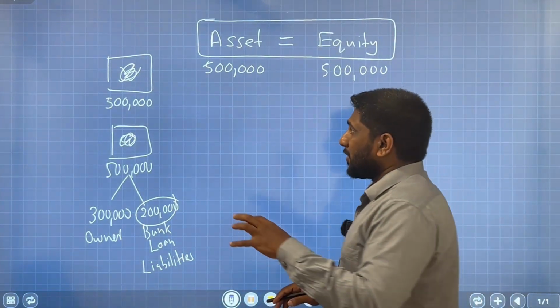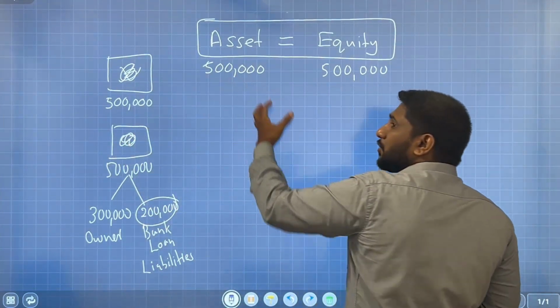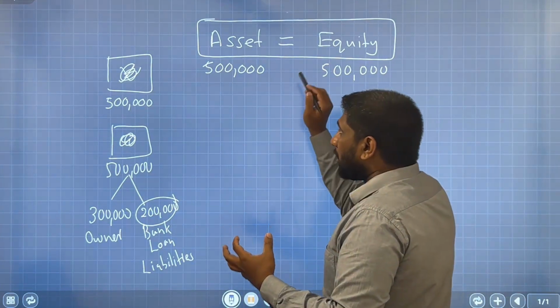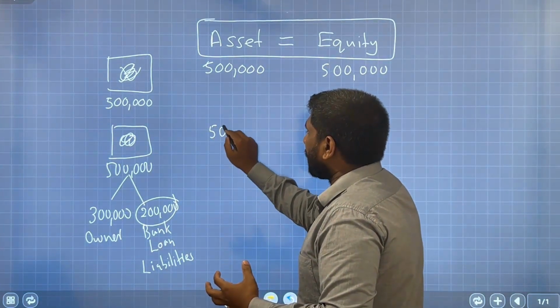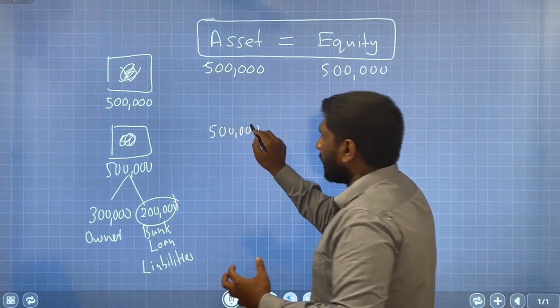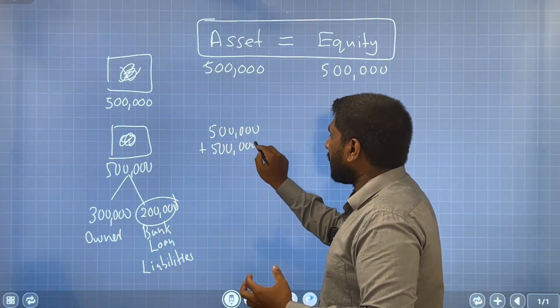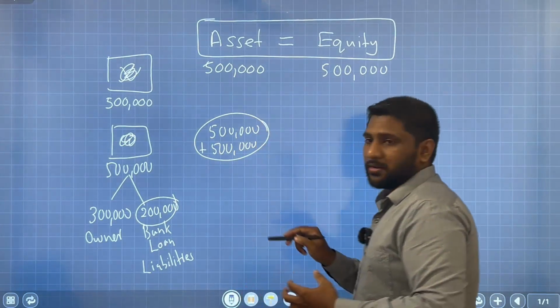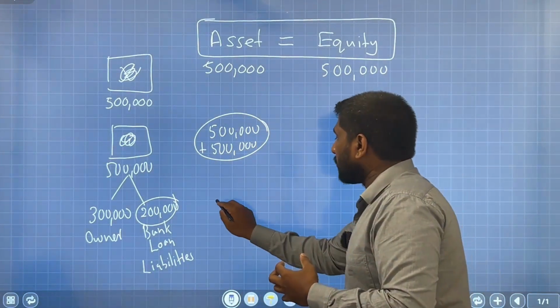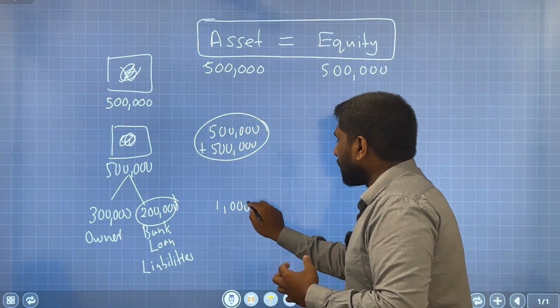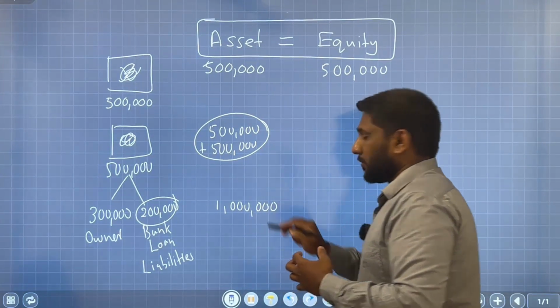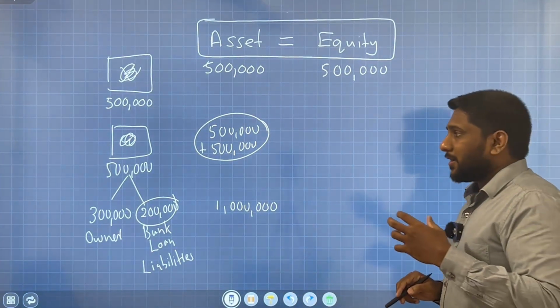Now you see, I am bringing this particular machine also. So already I have a machine for 500,000. I am bringing another machine which is having a value of another 500,000. So now in the business in total, how much worth assets are there? 1 million worth assets are there.